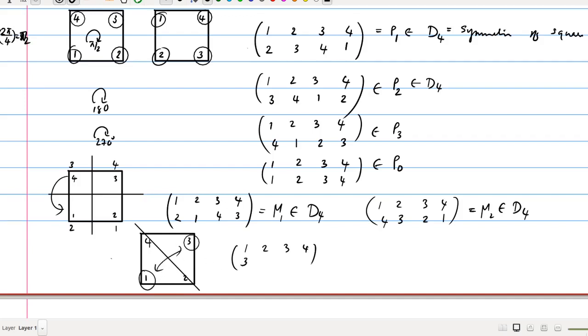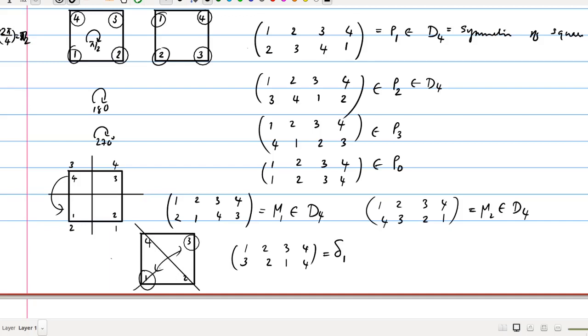At the place of 3 there is 1, and at the place of 1 you have 3 here, and 2 and 4 are fixed. This is denoted as delta 1. This permutation is due to the diagonal. So this is delta 1.